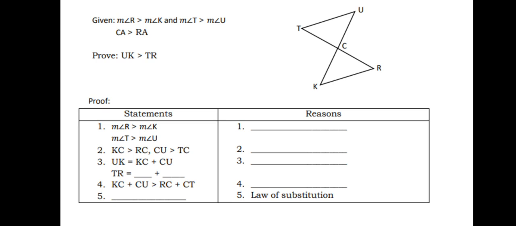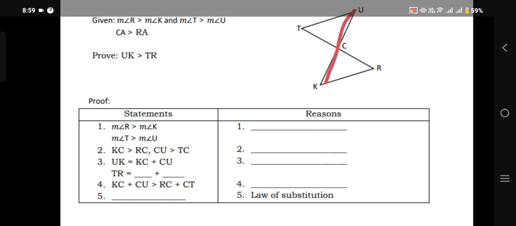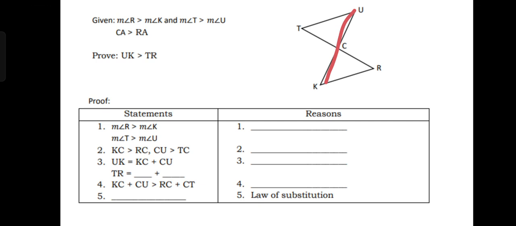For number 3, we have UK, from U to K, wherein C is in between. So we can say that UK equals KC plus CU. Same with TR. From T to R, again, C is in between. So we can say that TC plus CR, or RC, equals TR.